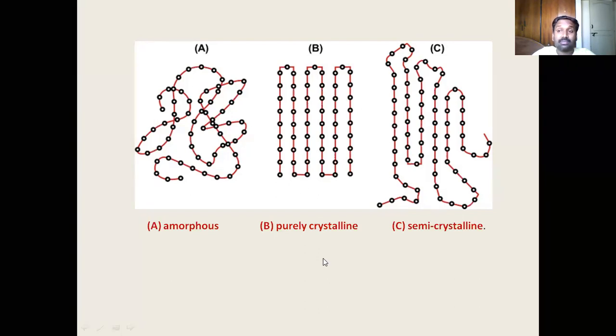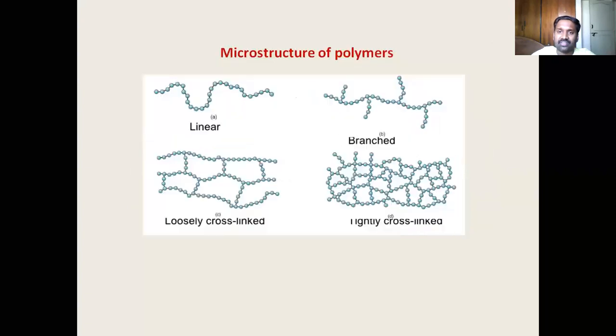You have not changed the monomer. Please understand, the same monomer you have taken and have prepared it in different states, amorphous or crystalline. How did you do this? By simply altering how the chains are arranged. So the microstructure of the polymer is important because it determines physical properties. Microstructure of polymers, even for example here, network and cross-linked polymer.